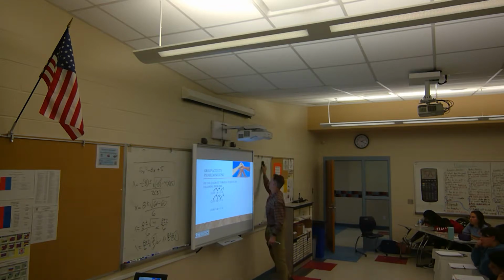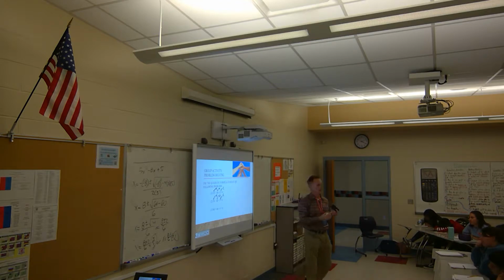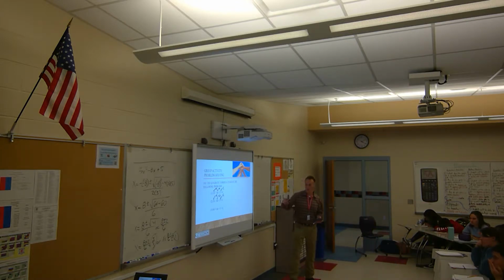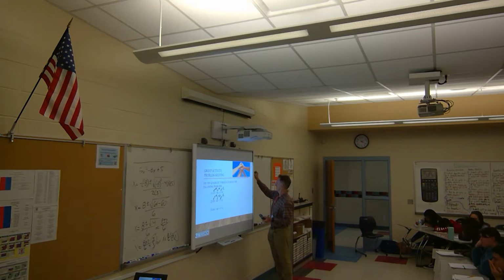All right, so now this one, we're going to do right over here. We'll start with over here. Gregory, set up the quadratic formula for me. You said the same thing we did over there?